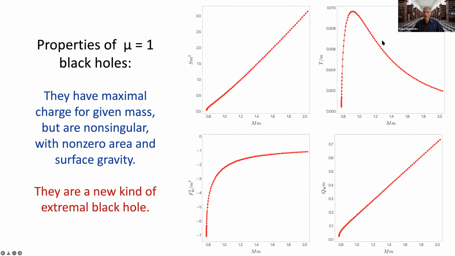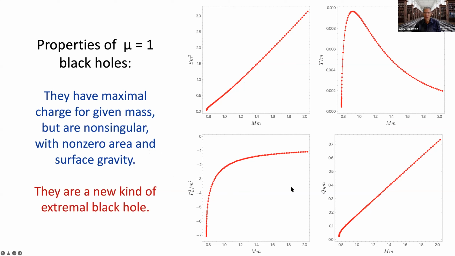You see the surface gravity is not 0. I called it T because it's related to the Hawking temperature. But this is just showing that these are non-degenerate black holes, non-zero surface gravity, non-zero area. They have maximum charge for a given mass, but are non-singular with non-zero surface gravity. So these are the new extremal black holes I was referring to in the title.